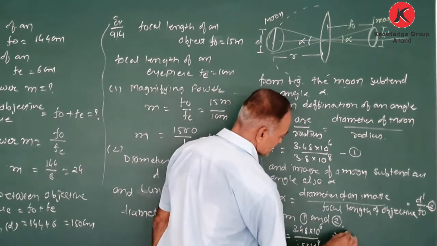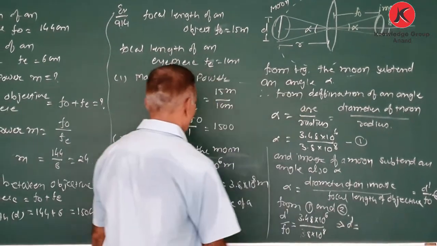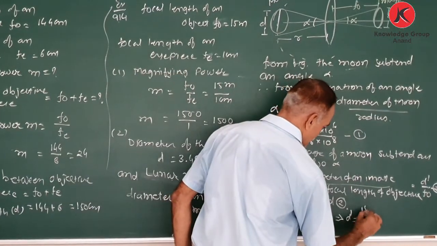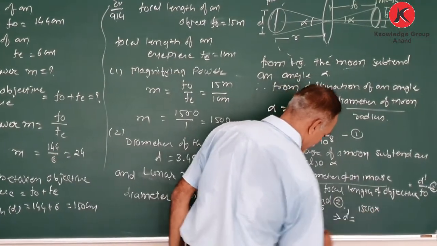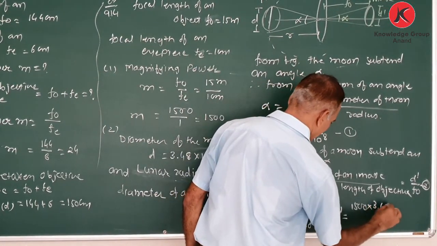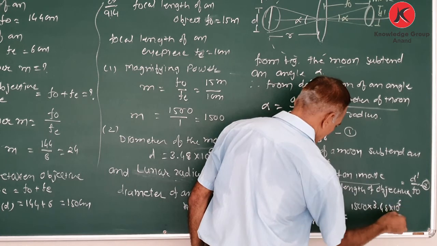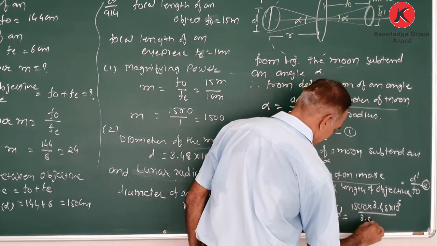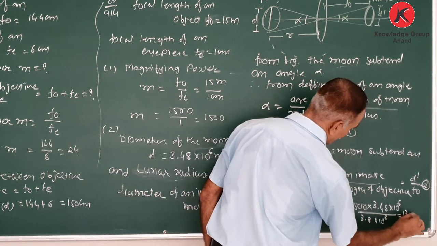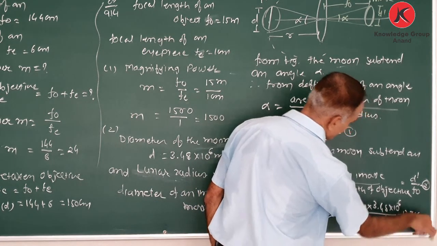Therefore, d dash is equal to FO. FO is our 15 meter, 1500 centimeter. So 1500 into 3.48 into 10 to the power 6 upon 3.8 into 10 to the power 8. So that is approximately 13.74 centimeter.